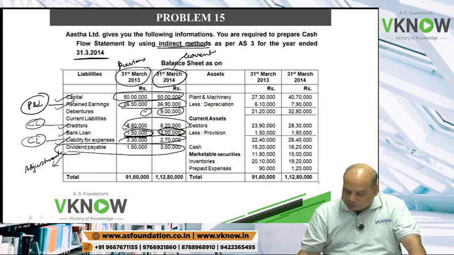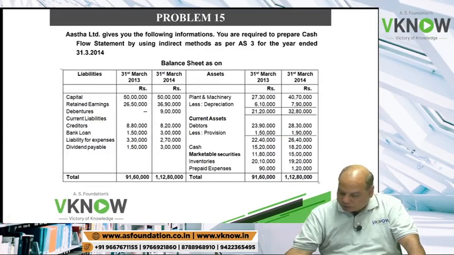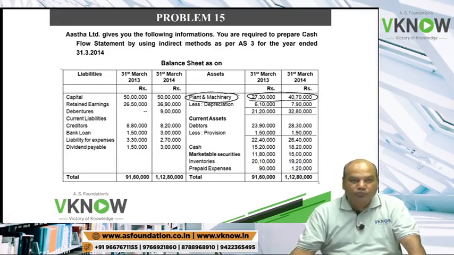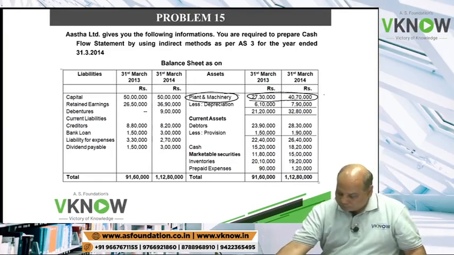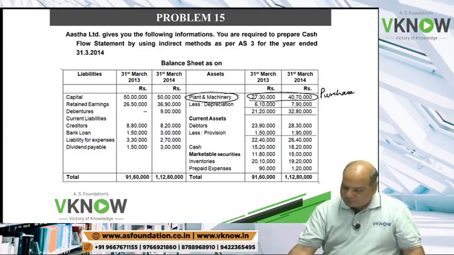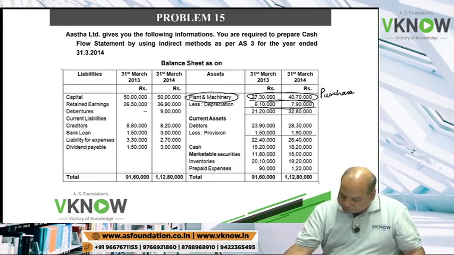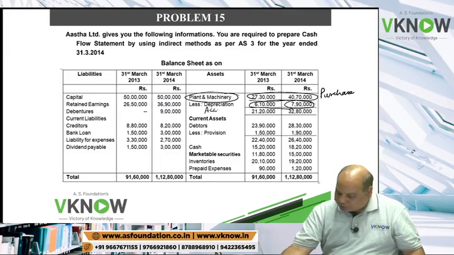This is liability side. Look at the asset side. Look at the plant and machinery. There is some purchase and this is the accumulated depreciation.